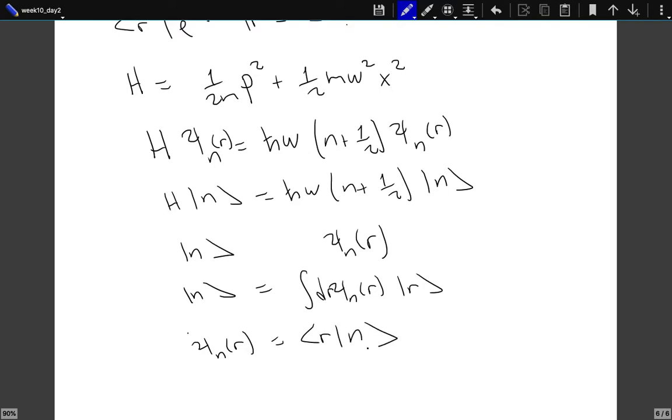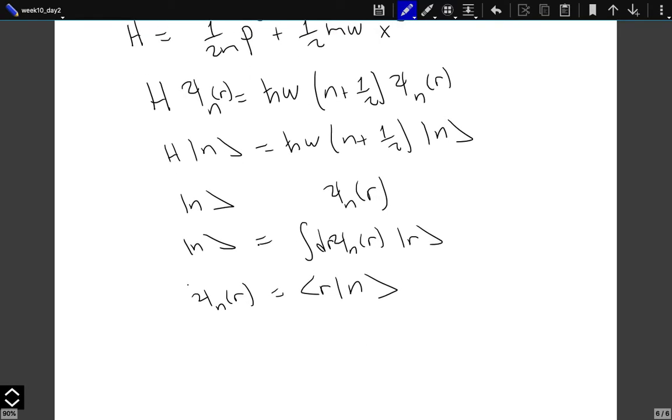Yes. Okay, so this is also correct. Nice. You see, what you do is |n> is just the integral of |r><r|dr|n>, because the eigenkets of the position operator are also a complete set. And this is psi n of r.